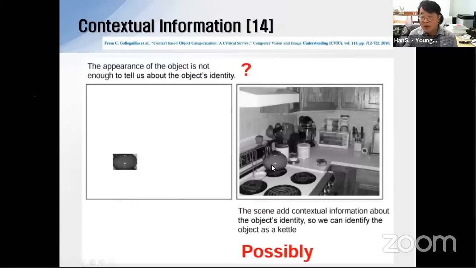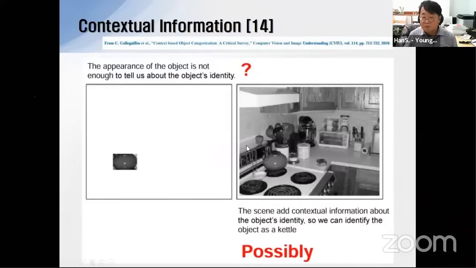So technically, we want to combine conventional object detection and the context information. Is that possible? I don't know yet. We try to combine the context information around the object and the object itself.